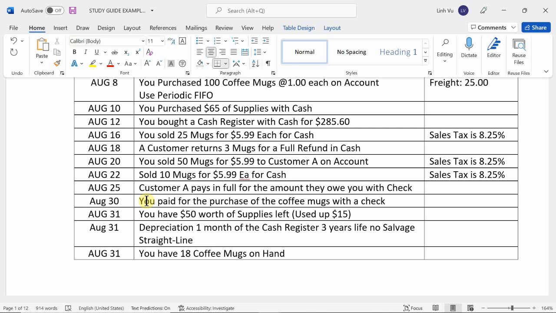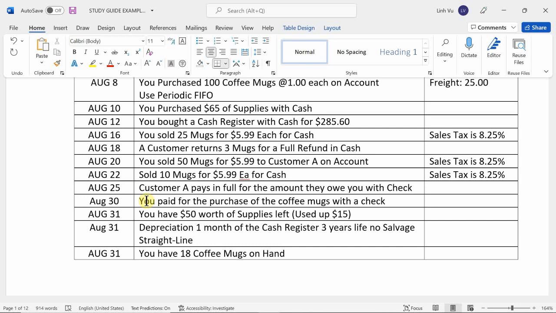So in this case, you sold again to customer A on an account, okay? So you sold 50 mugs for $5.99 each to customer A on an account with sales tax. Okay?